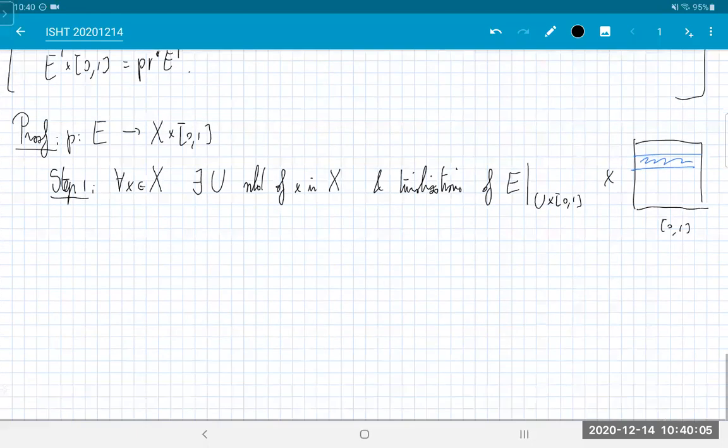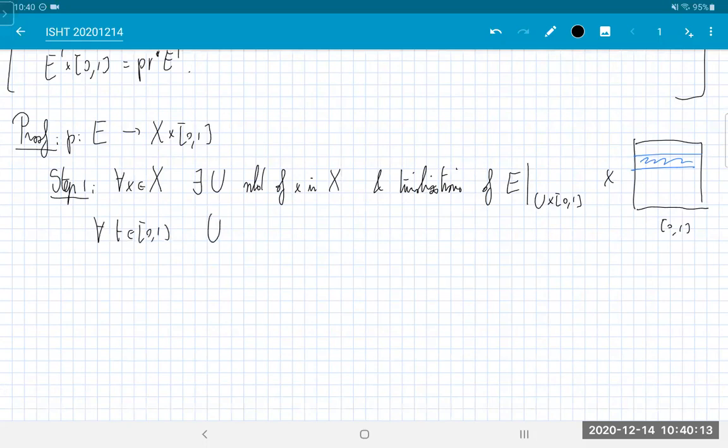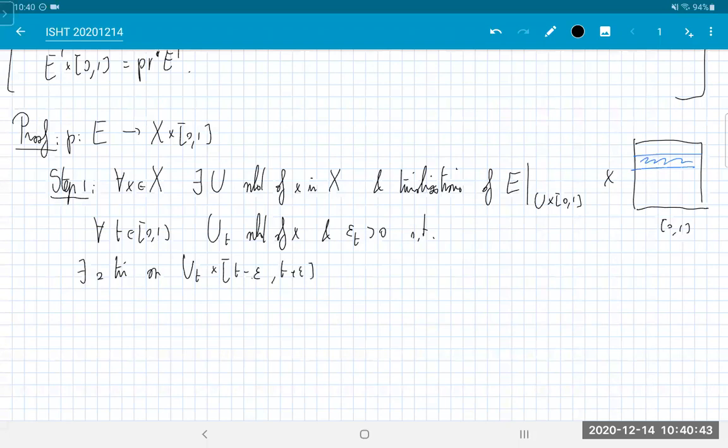And okay, how do we do that? Well, for every t in [0, 1], we can find U_t, a neighborhood of x, and an epsilon_t greater than 0, such that there exists a trivialization on U_t times (t minus epsilon_t, t plus epsilon_t).